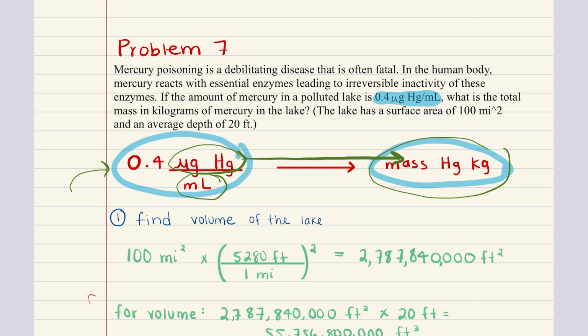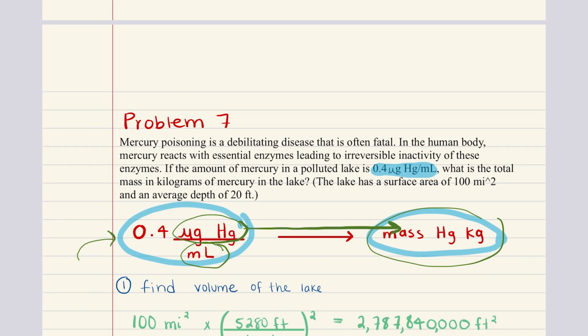And this arises from the definition of concentration itself. Concentration is a measure of how much of a given substance is contained in a certain volume. Here, that substance is mercury. Here, that volume of solvent is the lake water. So, to first find the total amount of mercury in the lake, we're going to have to take the concentration and apply it to the entire volume of the lake.